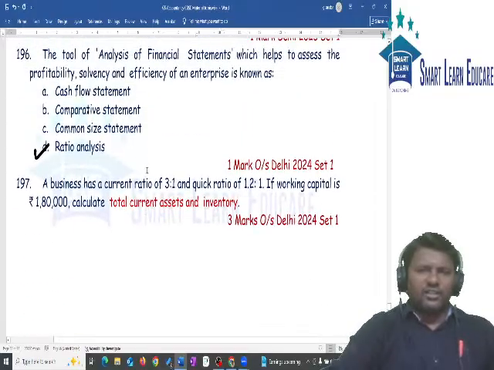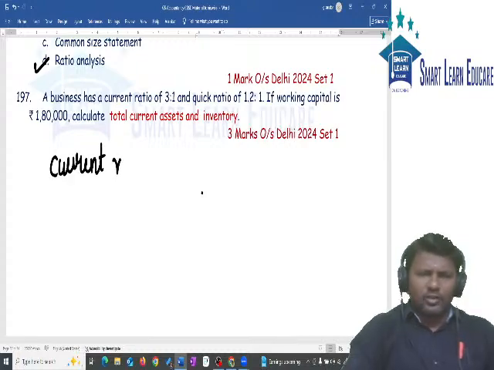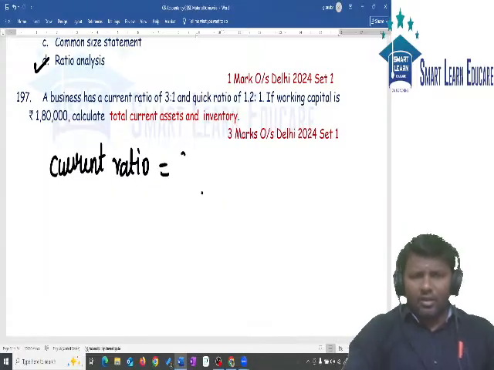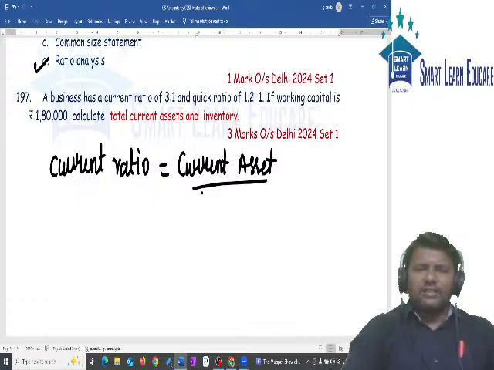First of all, in this question, they have given current ratio. What do you mean by current ratio? Current ratio tells the relationship between current asset and current liability. The formula for current ratio is current asset divided by current liability.